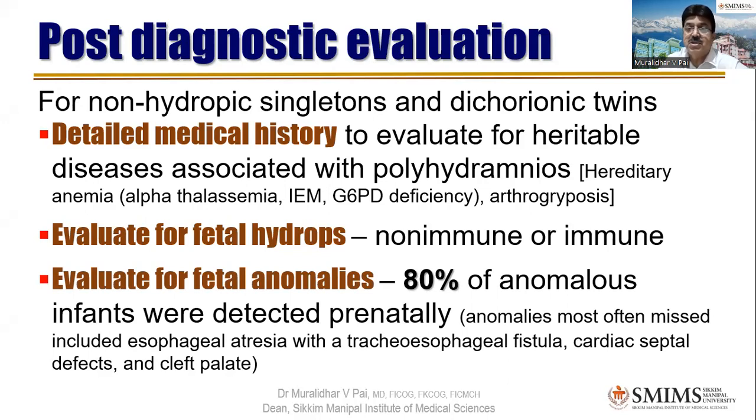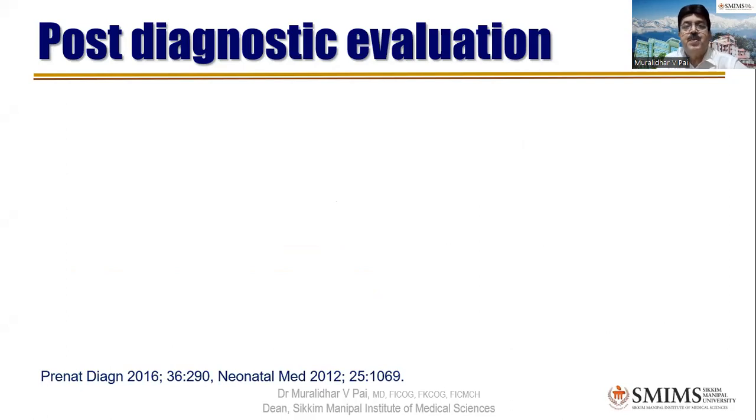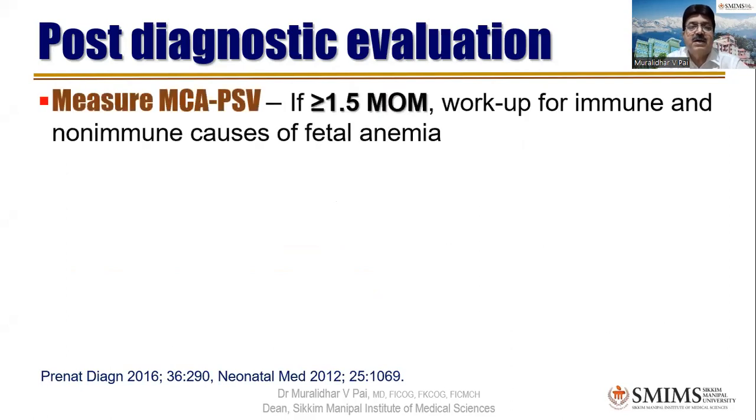Nowadays, with high resolution ultrasound and expert fetal medicine specialists, anomalies are diagnosed very easily. So post-diagnostic evaluation also includes measuring the MCA-PSV, which is a direct marker of fetal anemia.